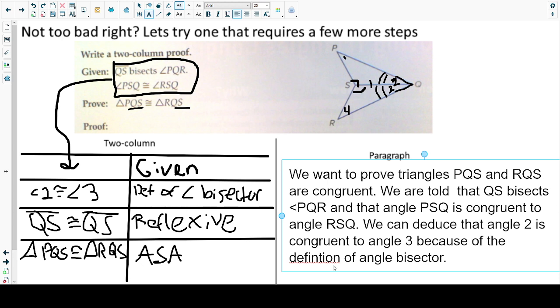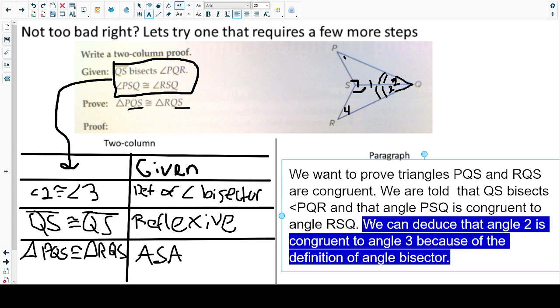Again, if you want to be a little bit more detailed here, you can say because given an angle bisector, it will split the angle into two equal halves. So if you don't remember the phrase, the angle bisector definition, you can say because an angle bisector cuts an angle into equal halves. So therefore, angle 2 and angle 3 would be congruent.